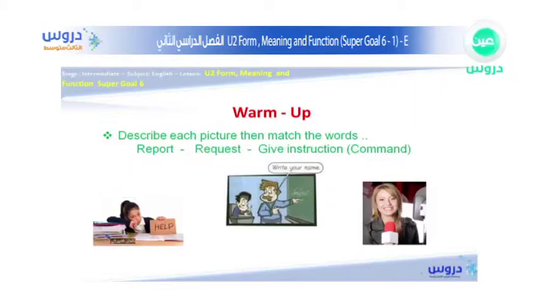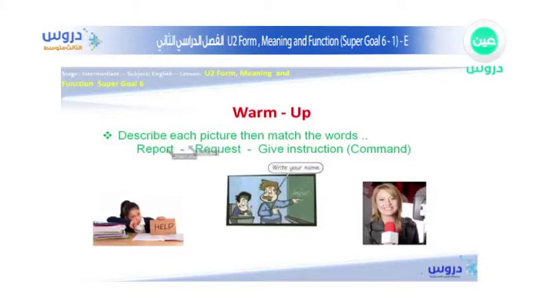So I want you to tell me which one of those three is reporting, which one is requesting, and which one is giving instruction or commanding. So let's start with the first one, reports. Which one is reporting? This one or this one or this one? Number one, number two, number three. What do you think?